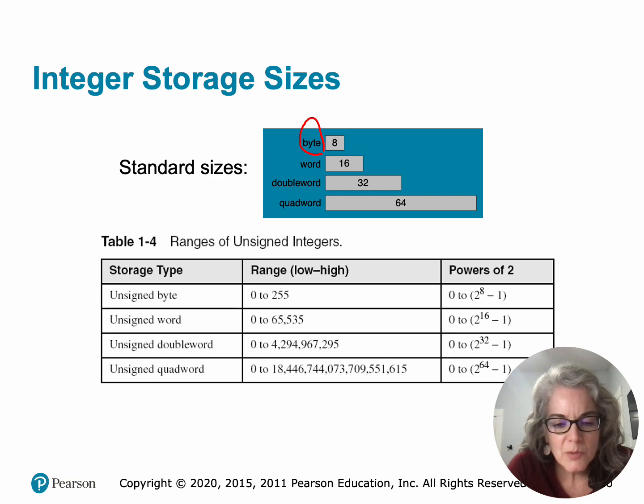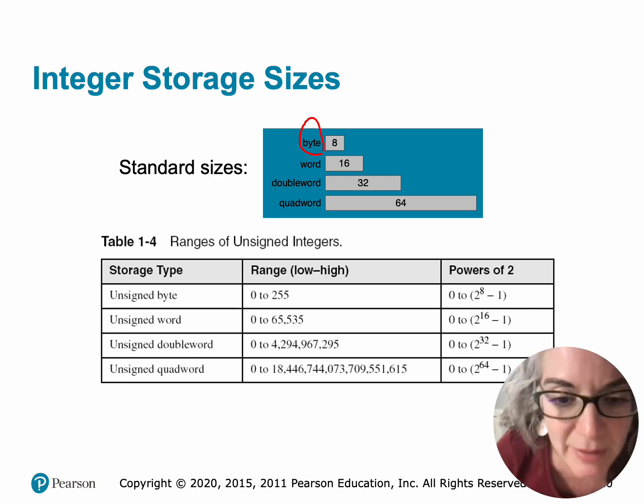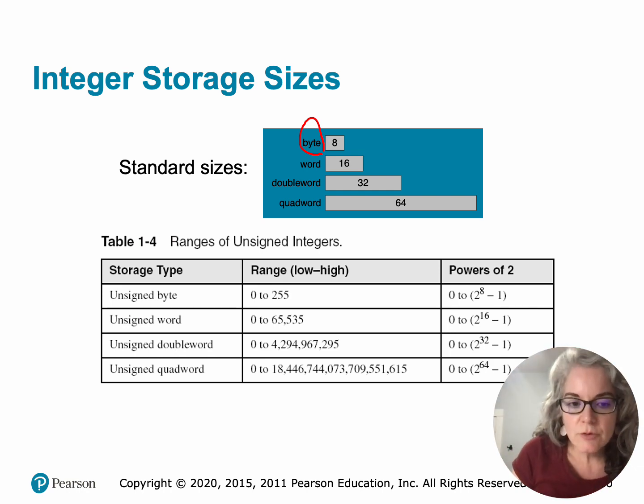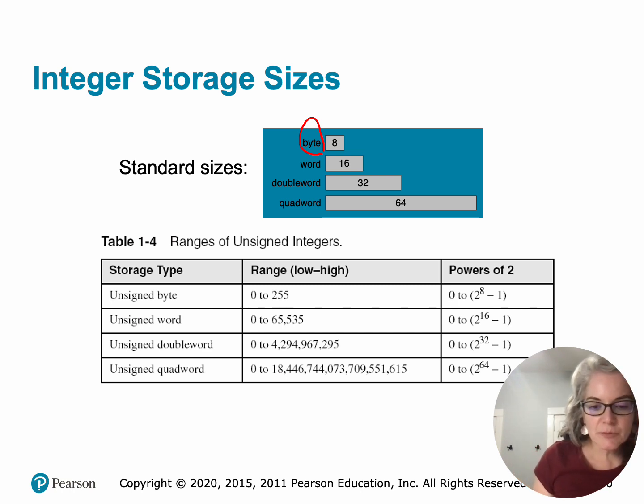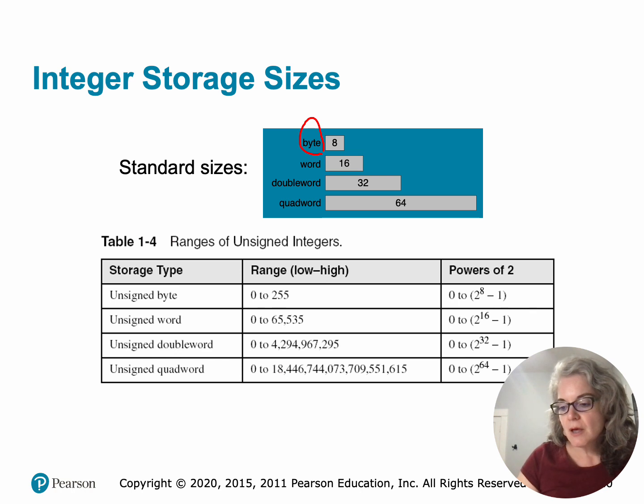Nobody is more than probably 110. That's probably going to be the max age. So what am I going to use, a byte, a word? If it's an age, there's no reason to use up this much memory. And at this time and age, we don't have to worry as programmers about managing memory.